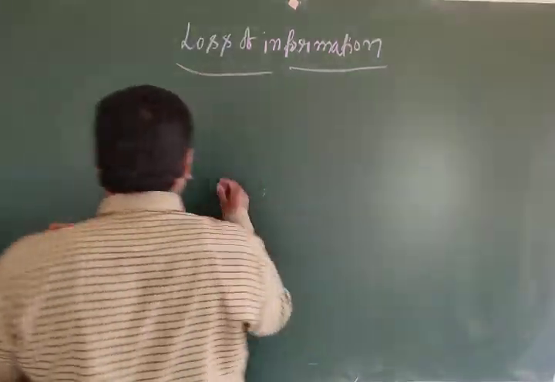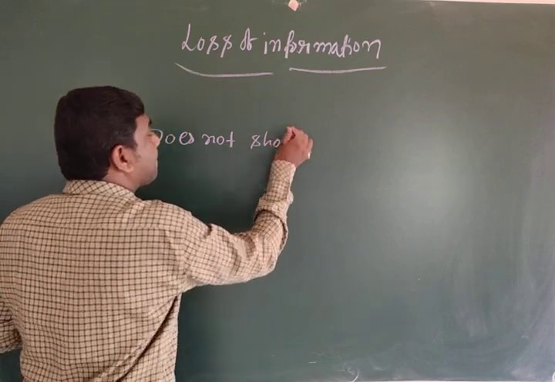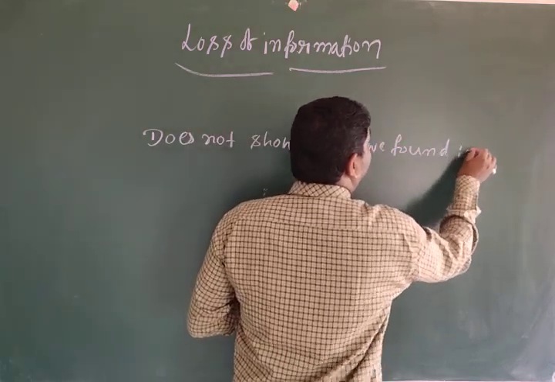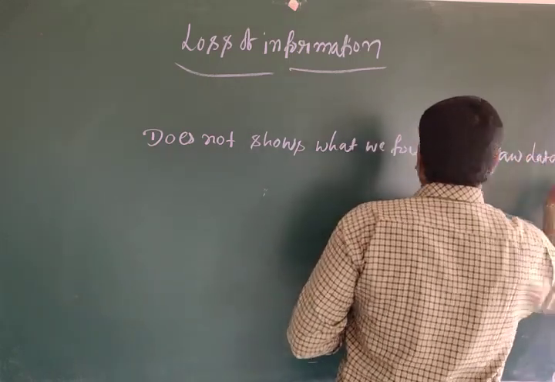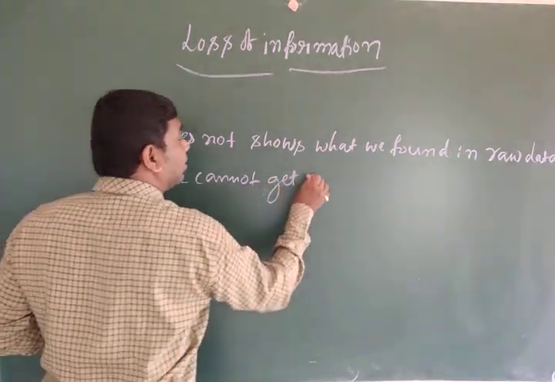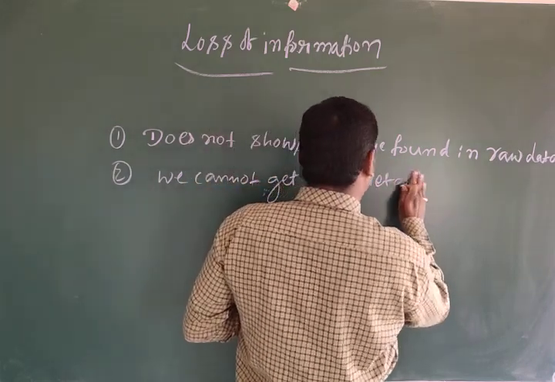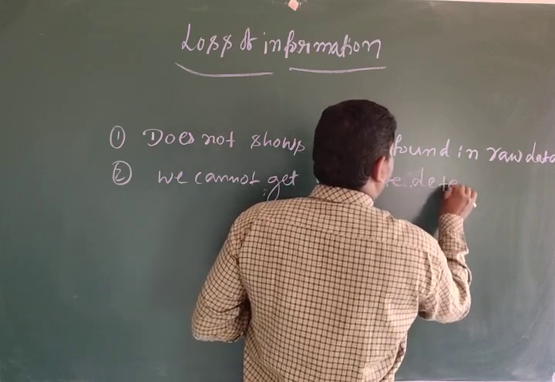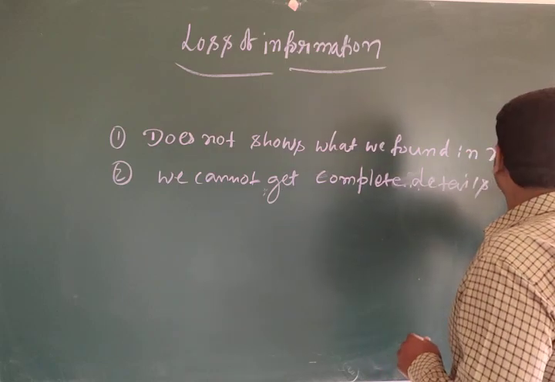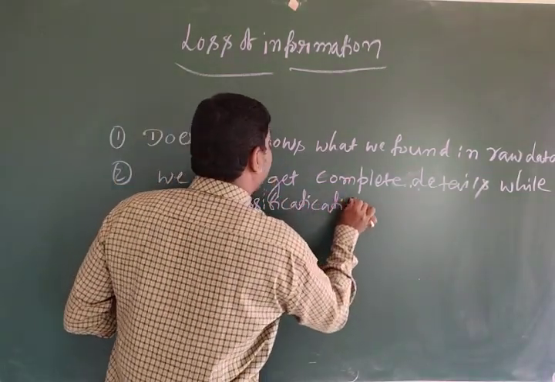The frequency distribution does not show what we found in the raw data, and we cannot get complete details. It is not possible to collect the complete details during classification.